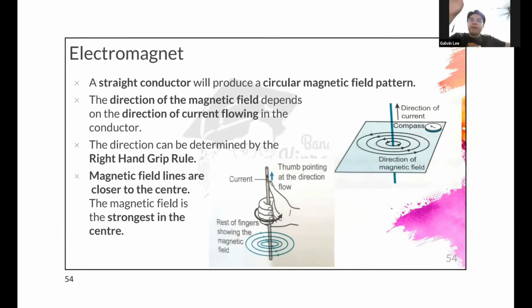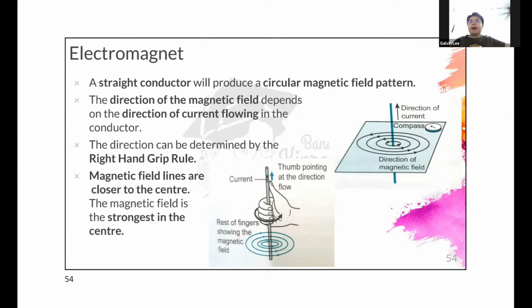Now, first things first, let us study a straight conductor first. That means it's a straight wire. Now, you already know that a straight conductor will produce a circle magnetic field pattern.